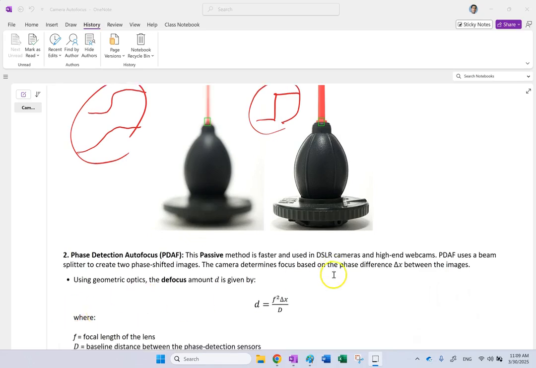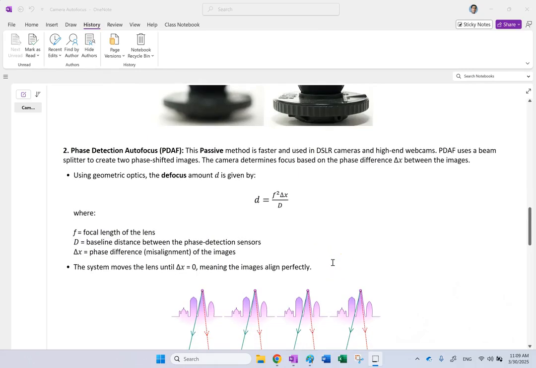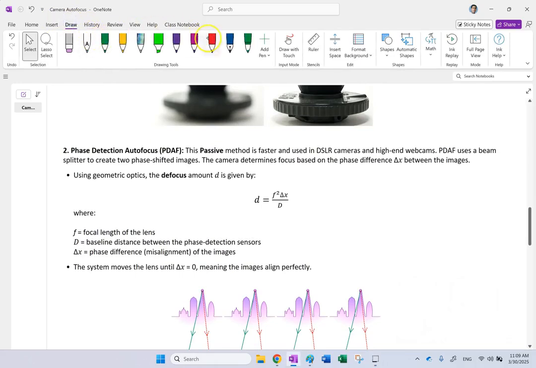Now, there is another method which is a little bit more recent, but this one is also passive. That's the good thing about it, you don't need to send anything from the camera. This is called phase detection autofocus, or PDAF. The good thing about it is it's faster than the contrast-based one.